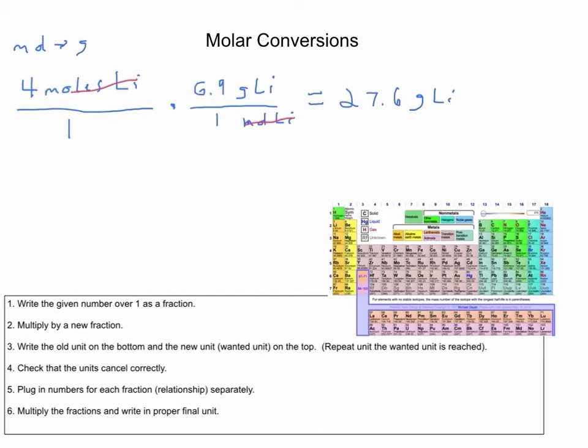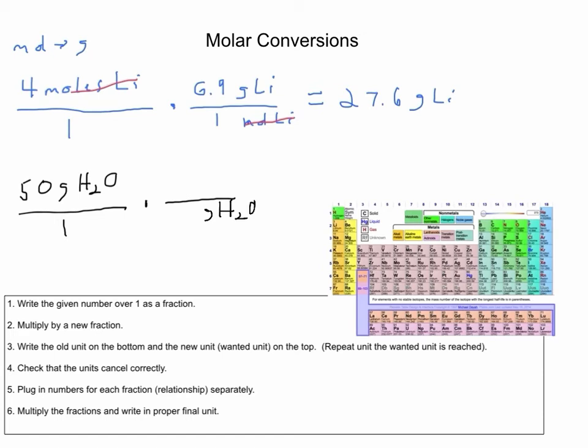Let's now do one more, but this time let's do it for a compound. So let's do water. And I will give you 50 grams of water, and you need to convert that to moles. How do we do this? Well, step 1, put the given number over 1, and then 2, multiply by a new fraction. 3, old unit on the bottom, our old unit is grams, so grams H2O.